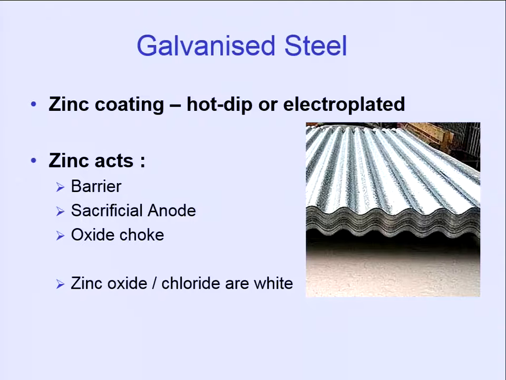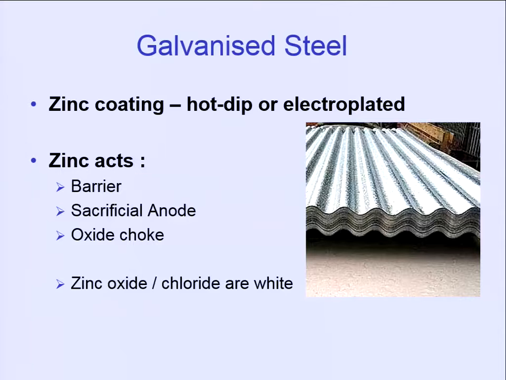So once you start to build up zinc oxide or zinc chloride, it begins to grow and it can fill the hole again, if it's a small hole, if it's a scratch. So that's what I mean by oxide choke. So it has a possibility to repassivate, it's like a self-healing coating.